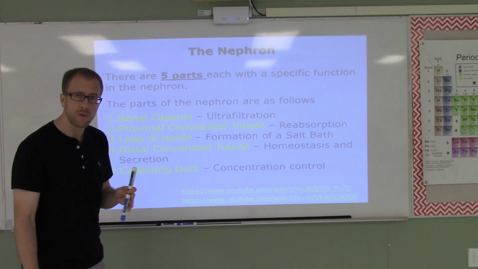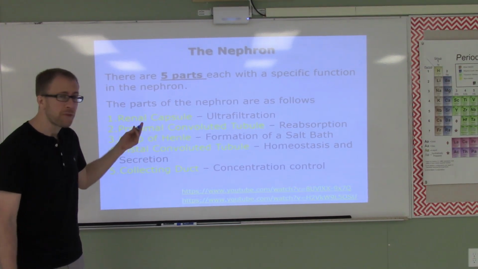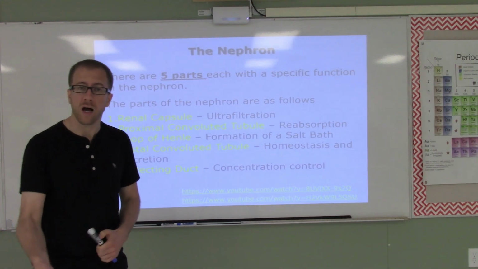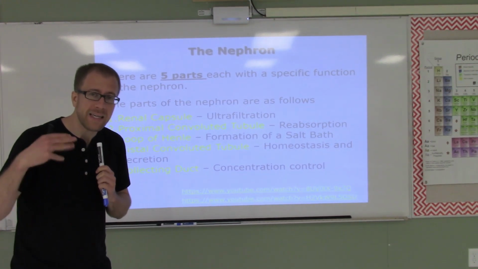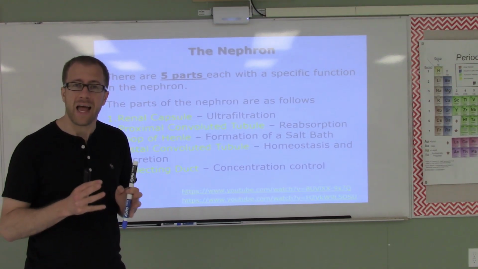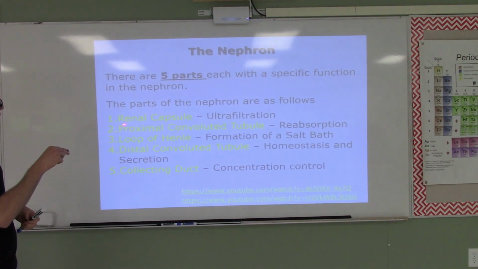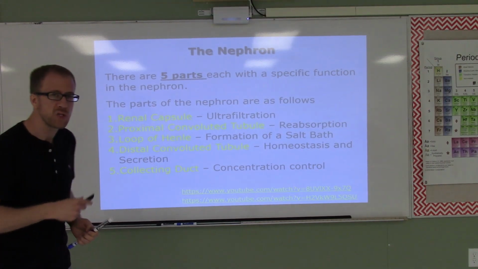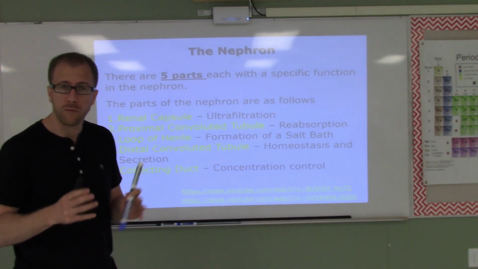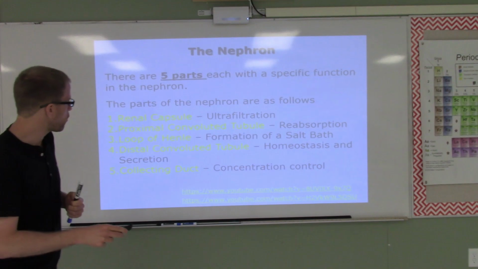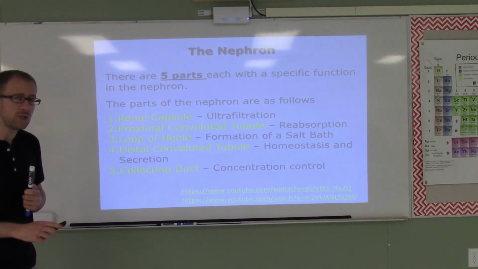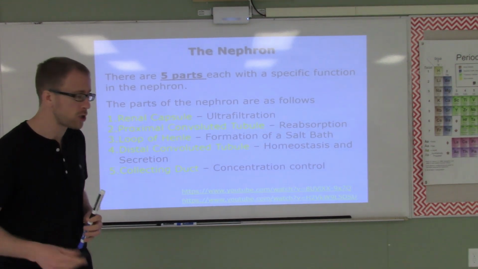So let's explore those three processes through the different components of the nephron and show how at each stage those things happen. So, first up, we are going to be exploring the renal capsule and show how the filtration occurs. Then we're going to explore the proximal convoluted tubule where the majority of reabsorption occurs.